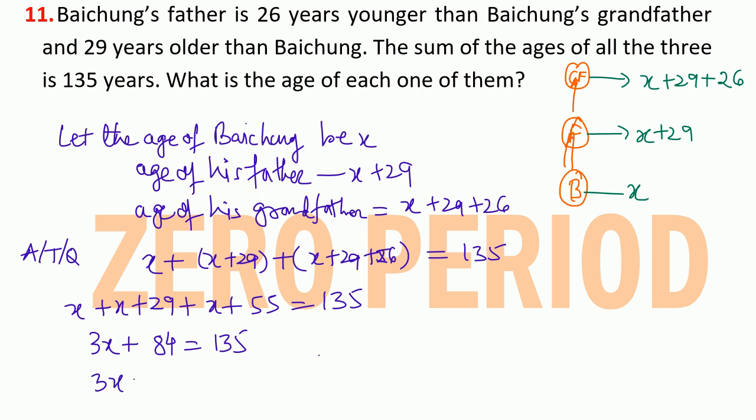Now 3X is equal to 135 minus 84, so 3X is equal to 51, then X equal to 51 upon 3, it is 17. The value of X is 17. It means the age of Baichung is 17.